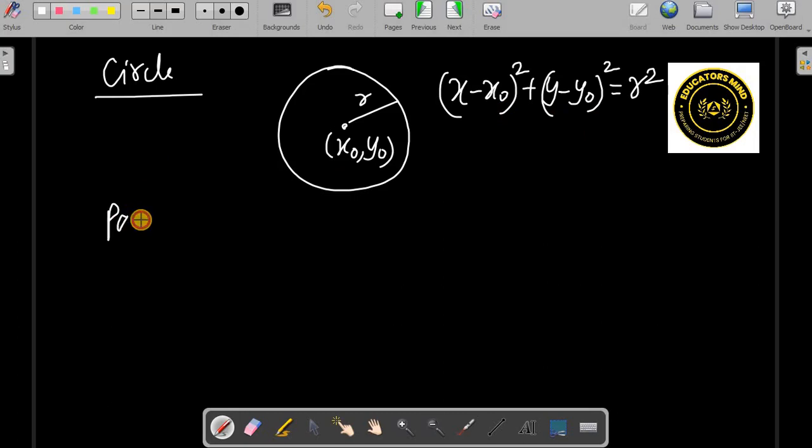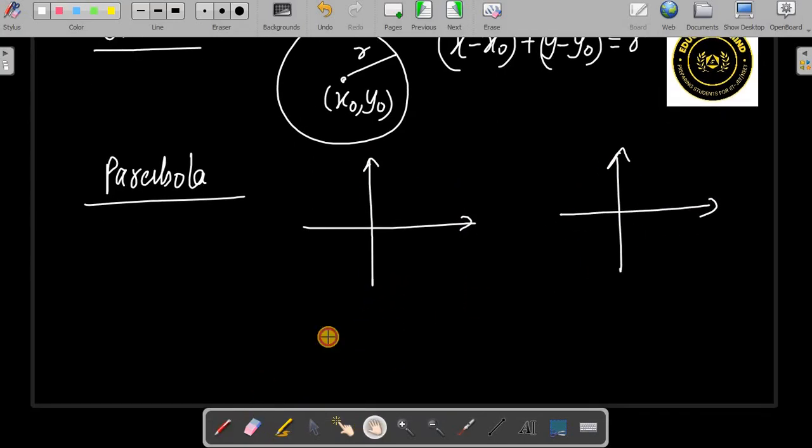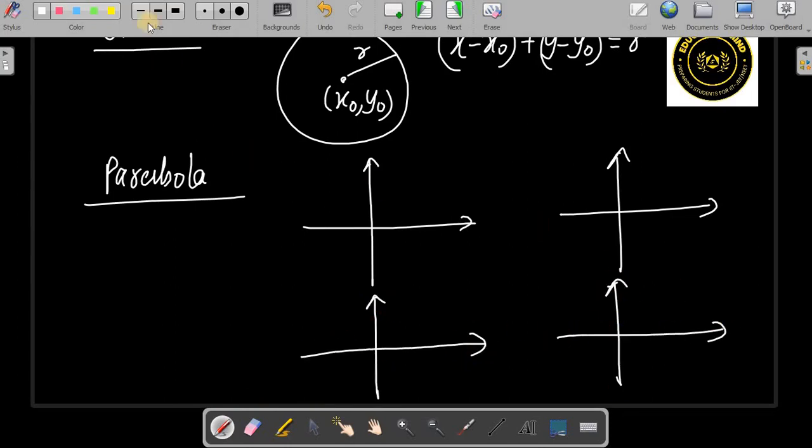Then you take parabola. Parabola equation depends on how the parabola is oriented. So standard equations you can take. First of all, there can be four standard equations based on how the parabola is made.